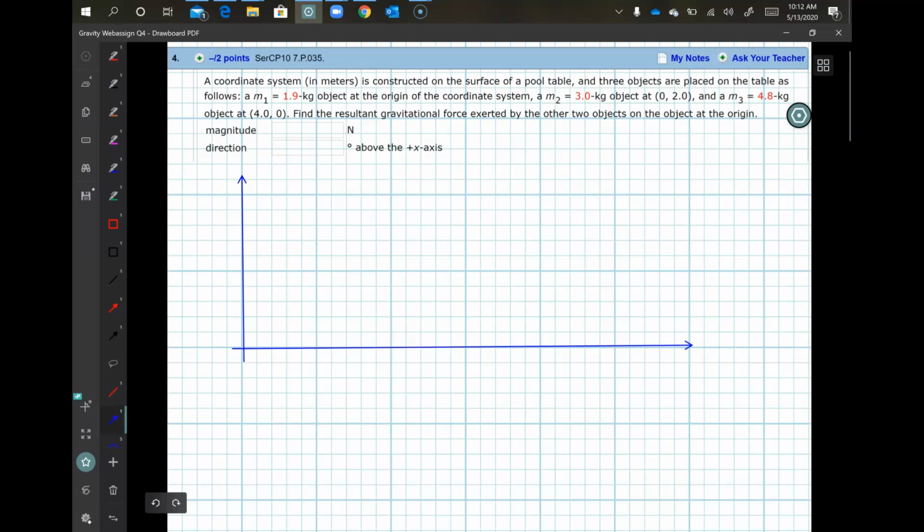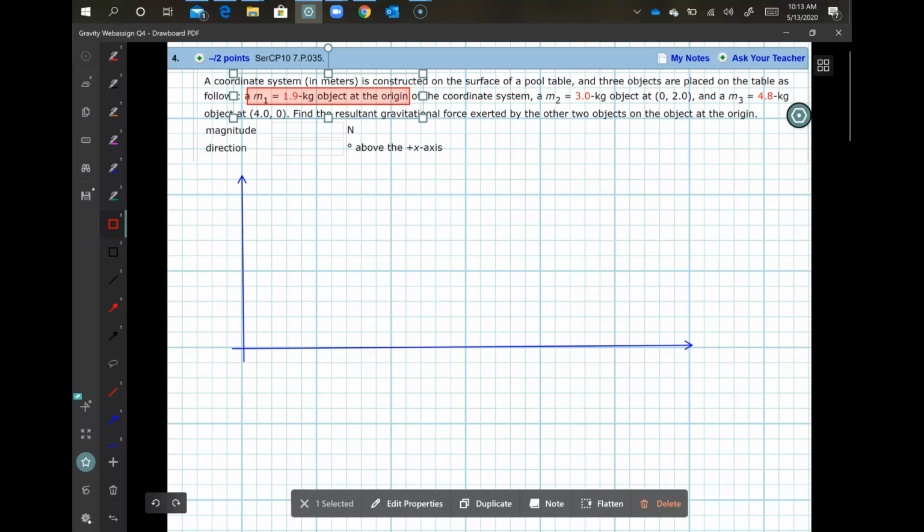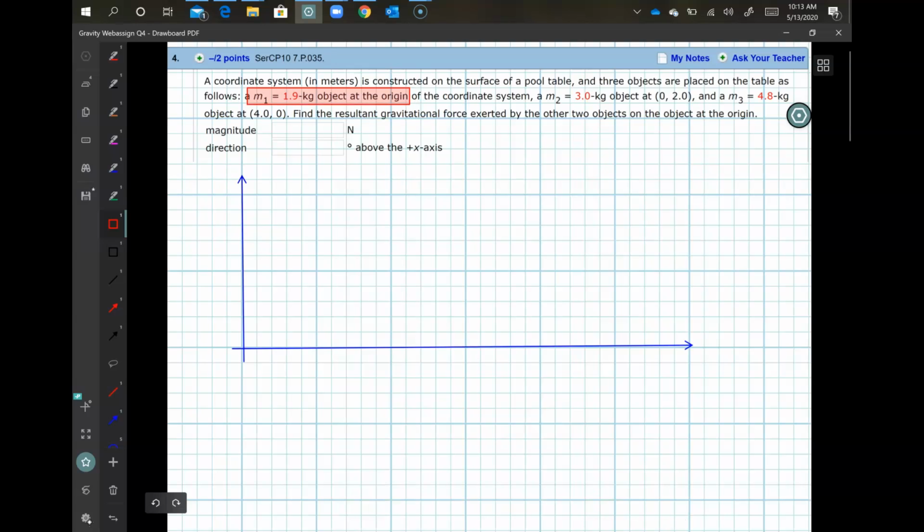So we have several objects, and it tells us that the objects are placed so that M1 is at the origin. Okay, so here is my mass number 1. Right, let's label that M1.